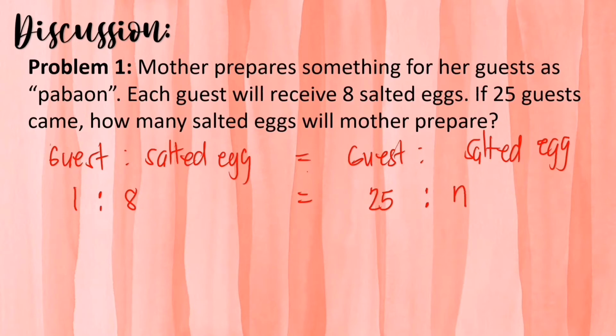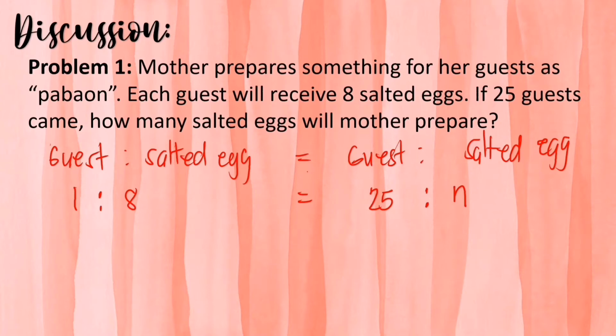So to solve for the unknown in a proportion, we have to multiply. So gagamitin pa rin natin yung ginawa natin kanina sa exercise or sa activity na nauna, which is multiply the means and extremes.